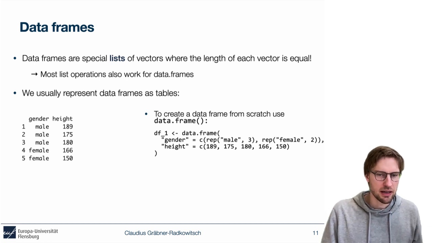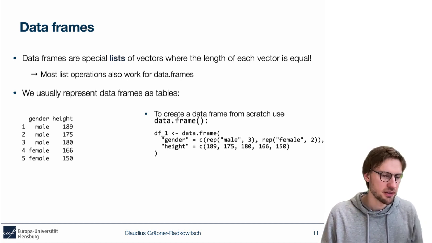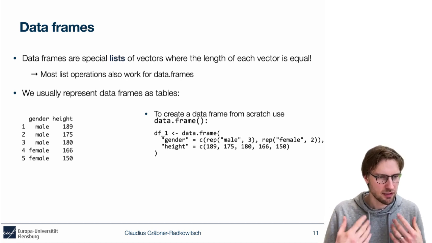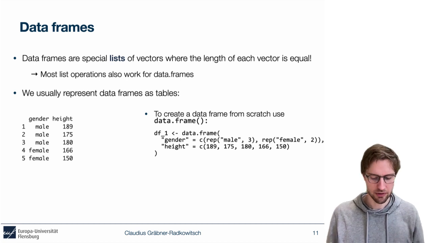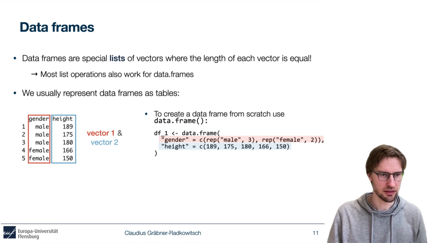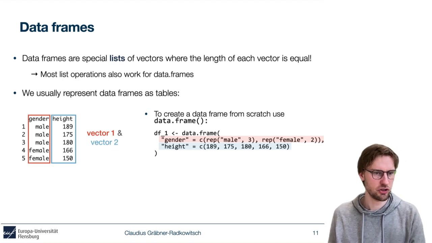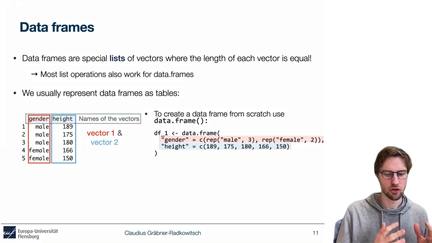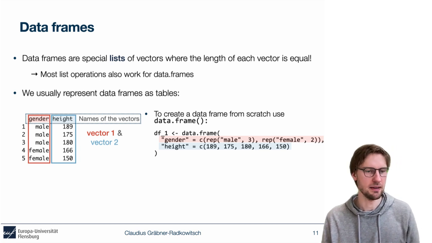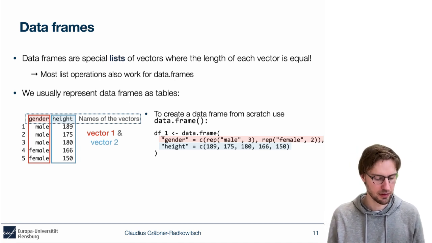If we look at how this data frame is printed in R, we see the following. There you see the typical table appearance of a data frame. And you also see that the two vectors show up in a vertical arrangement, and that the names of the vectors correspond to the column names in the data frame.